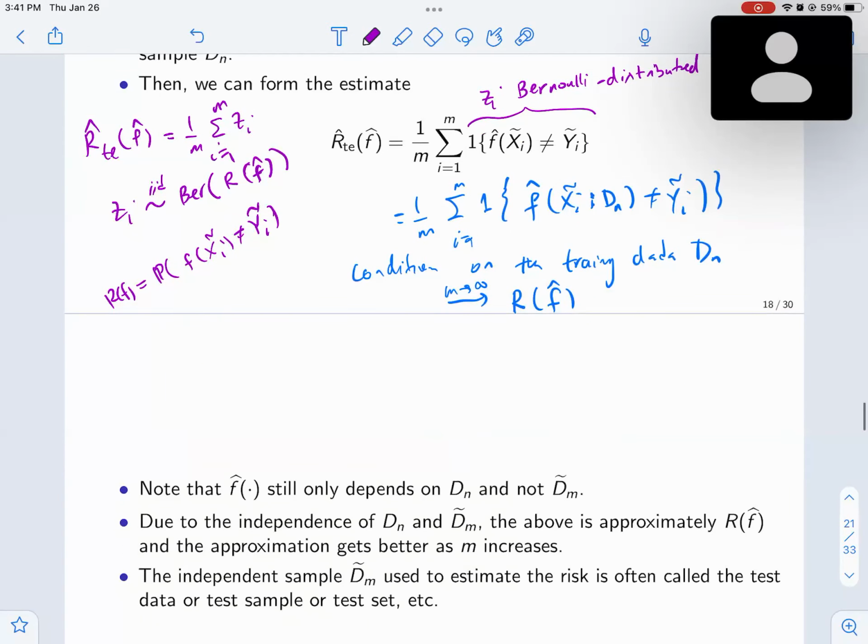So we have IID draws, Bernoulli with probability, which is the quantity that we want. Just imagine, what is the probability that this is 1? It's just the probability that this is not equal to that. This is just the misclassification rate, okay? They have the same probability because these have the same IID distribution.